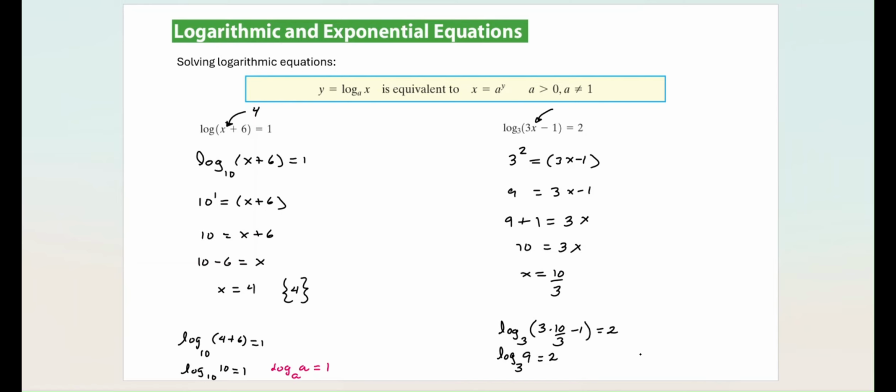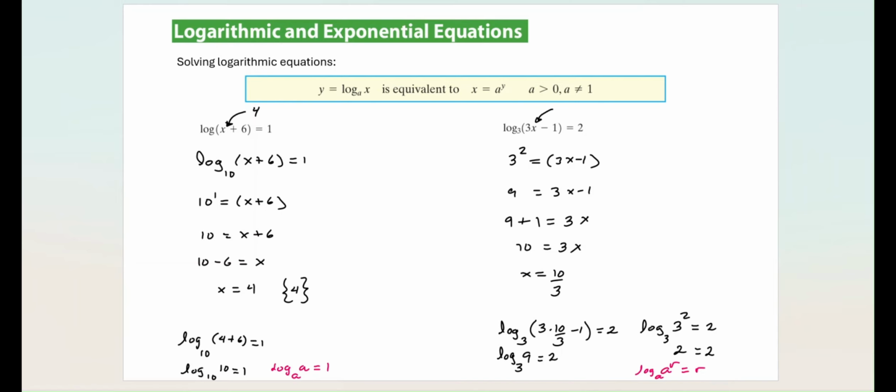You can now rewrite this as log in base 3, what is 9? 3 squared, and we know that the log in base 3 of 3 squared is equal to 2, so 2 equals 2, which is true. Then we know that the solution 10 over 3 is correct. The property that I have used to know that log in base 3 of 3 squared is equal to 2 is the property that says log in base a of a to the r is equal to r.